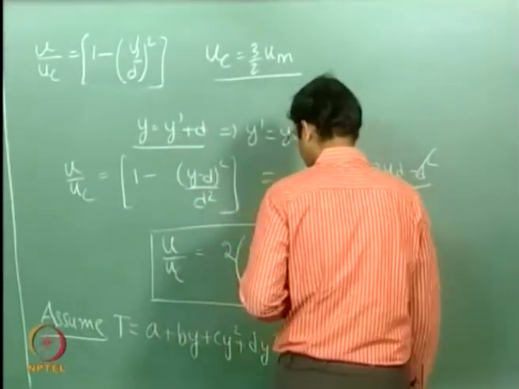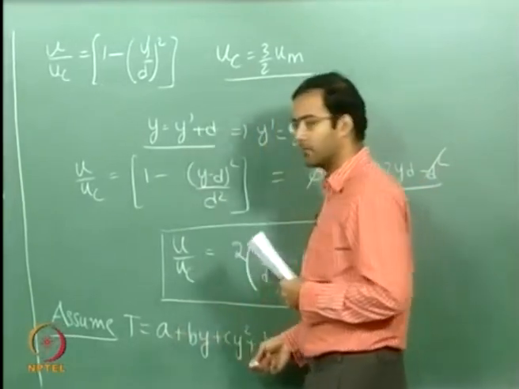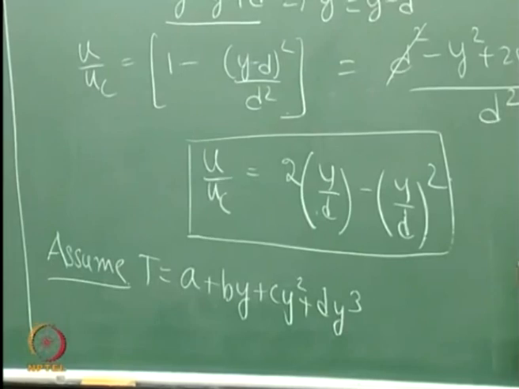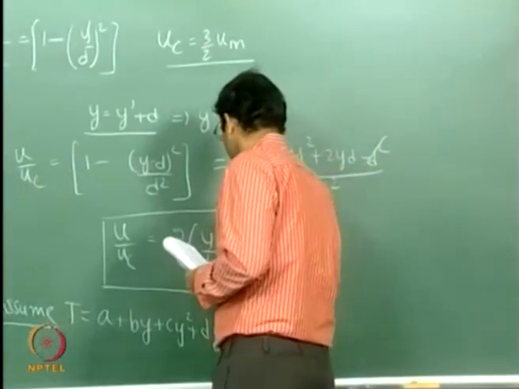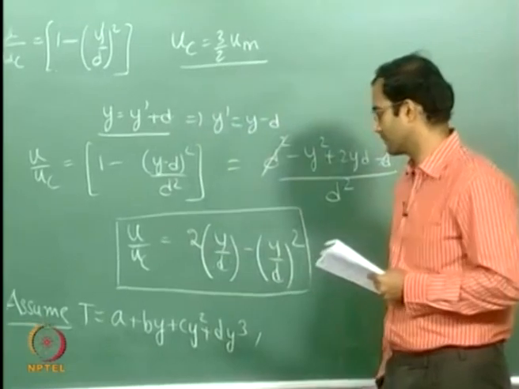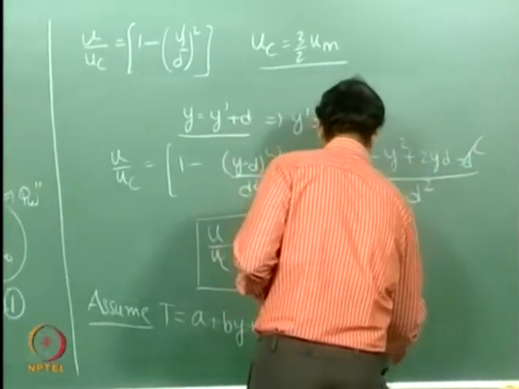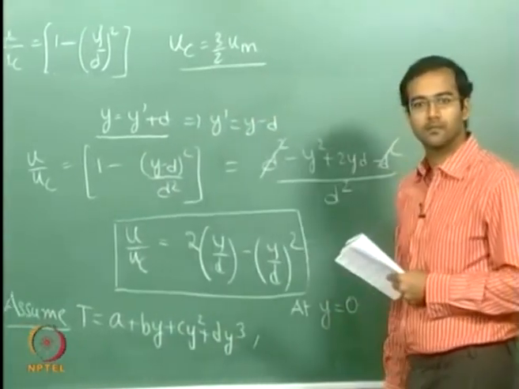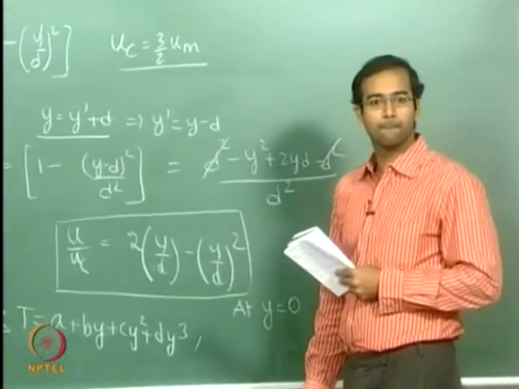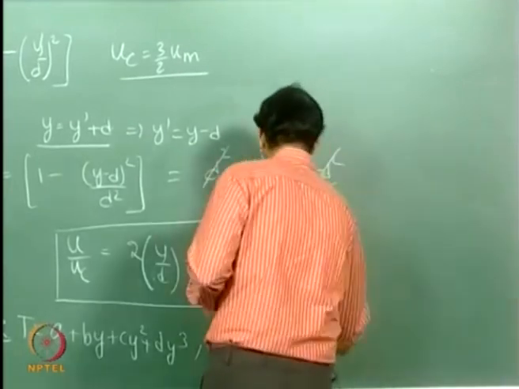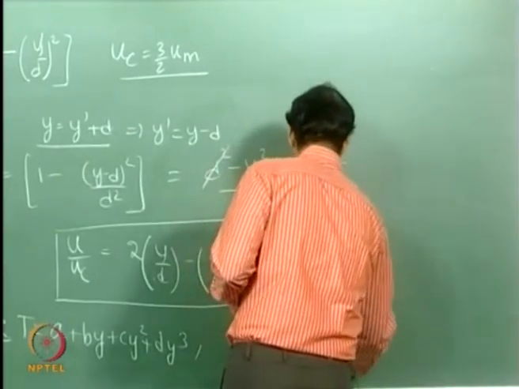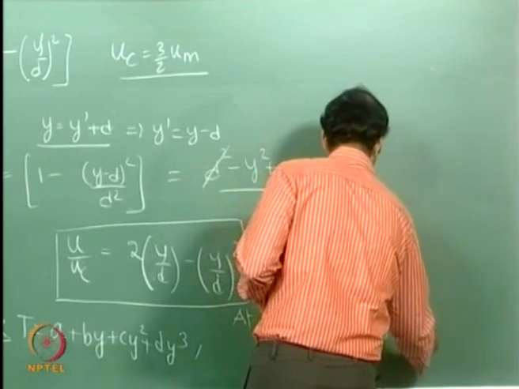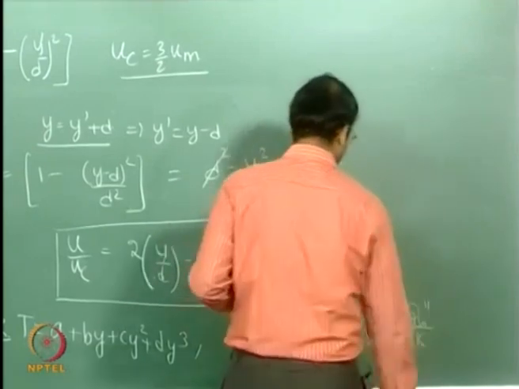Now in order to get the coefficients of the polynomial, we need to have how many boundary conditions? 4 boundary conditions. Okay, so what are the boundary conditions? At y equal to 0, dou T by dou y at y equal to 0 should be equal to minus q wall by k.